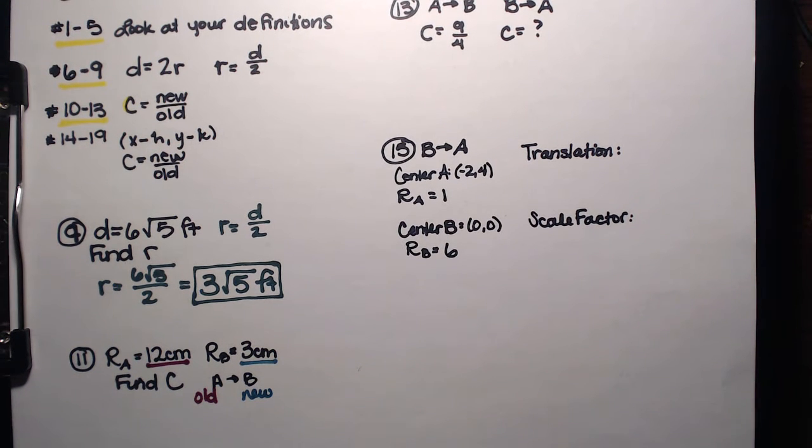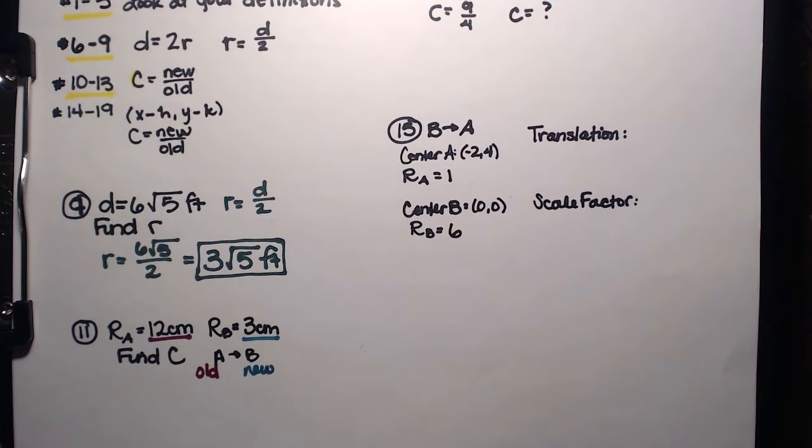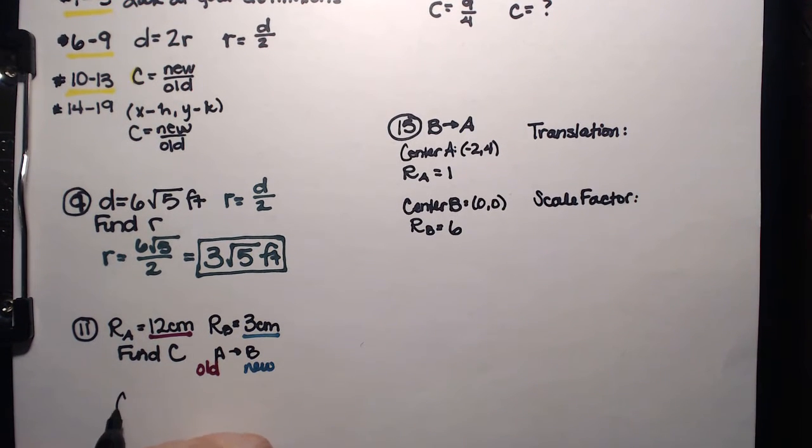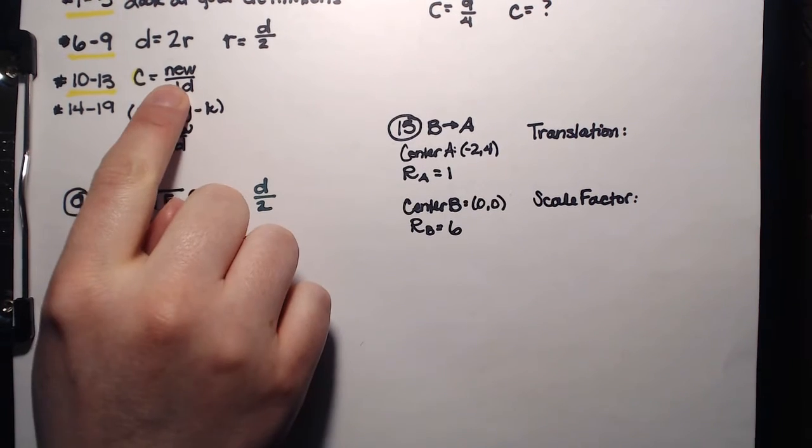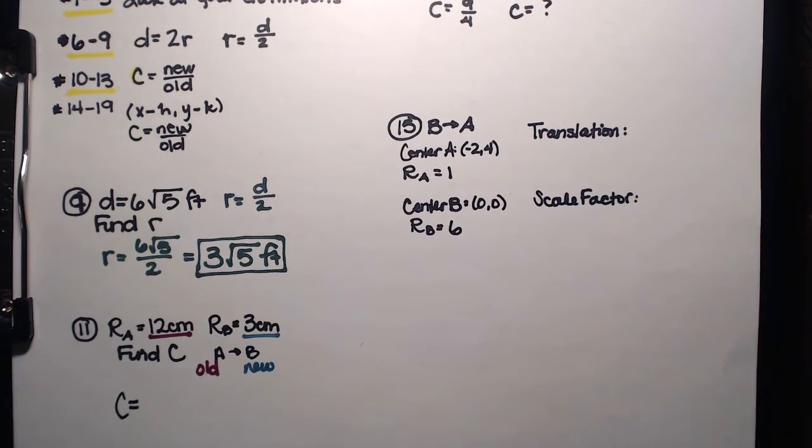And then I'm just going to find what C is equal to. Remember, C is going to be the new value, which is from B, so 3. And we're going to divide that by the old value, which is 12.